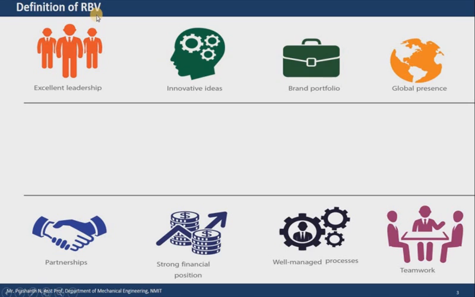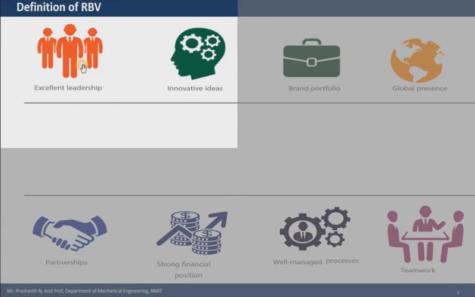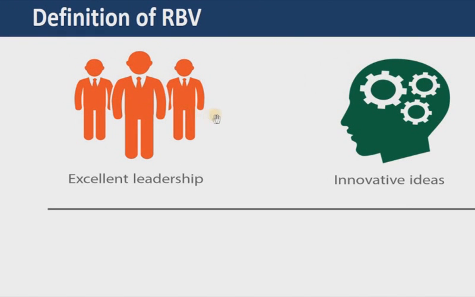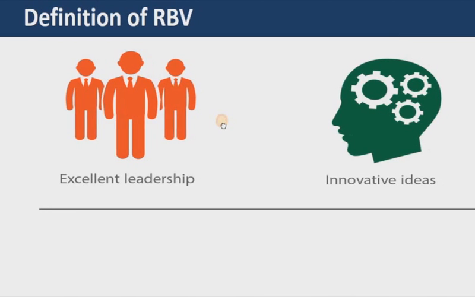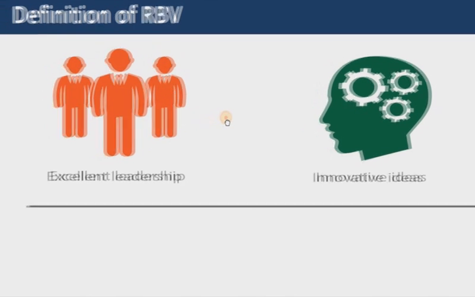Before going into the definition, I would like to spend a few minutes understanding the resources a little bit more in detail. Let us say you have a company. A company has its own resources. These resources will obviously provide some intrinsic advantage or competitive advantage to that company.